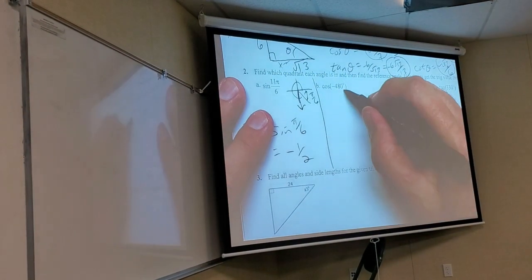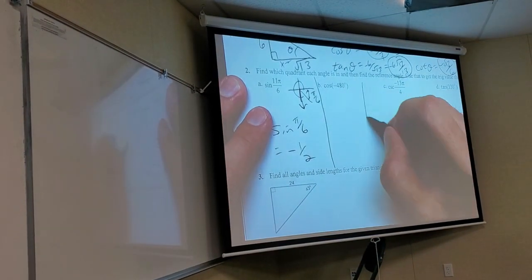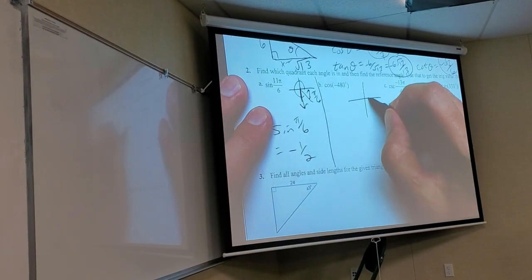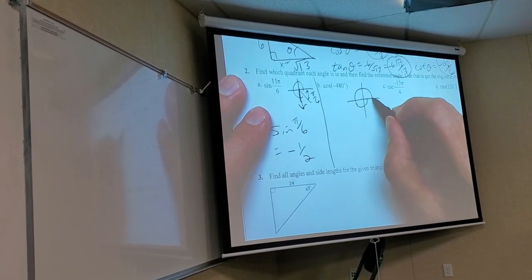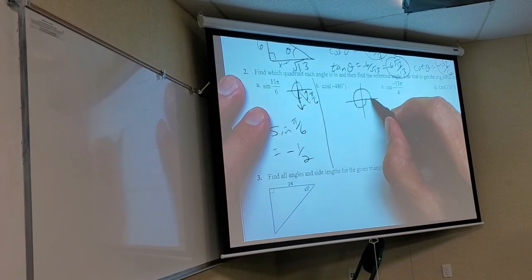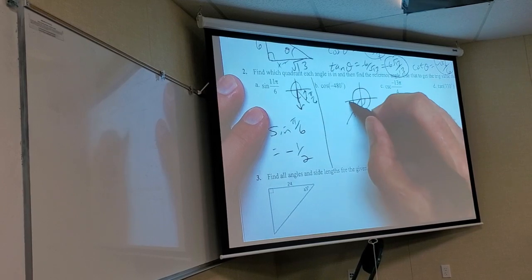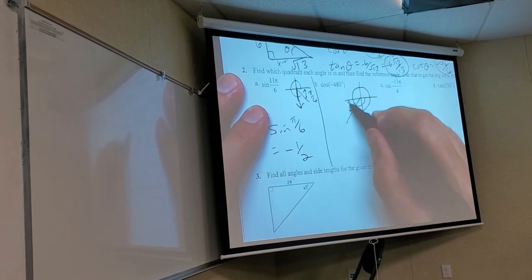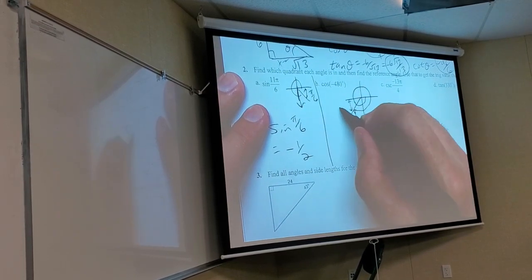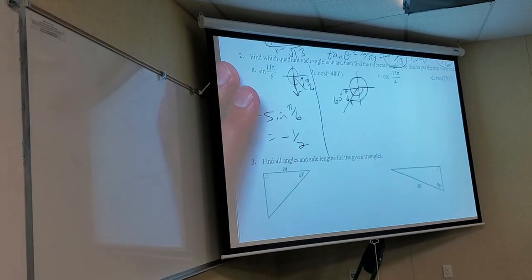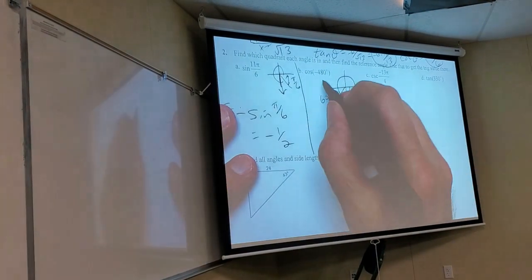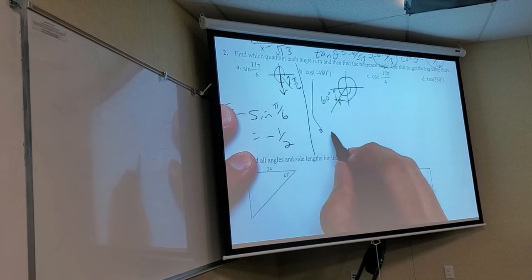So what about negative 480? Now it's degrees. This is a little bit better. So if I go back 360, how much more do I go? You have to go into the third quadrant. How much more do I go? 120. This would be 90, so how much short from 180 did I get? 60 degrees, exactly. So my reference angle is 60. Is cosine positive or negative here?